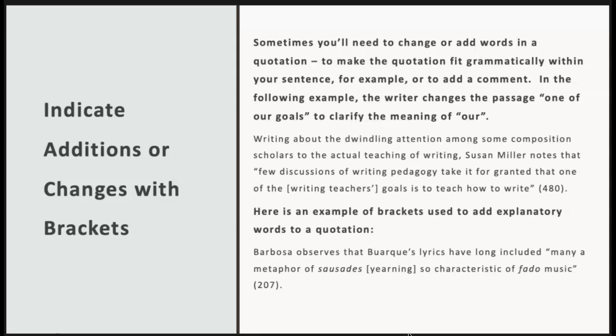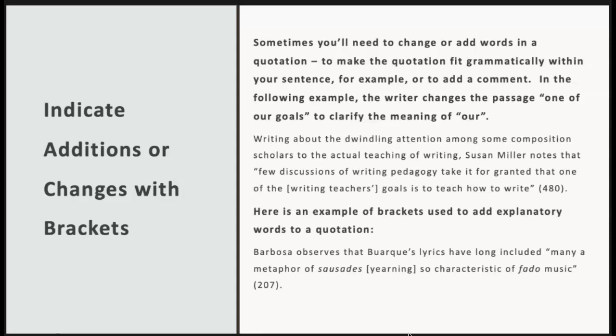Writing about the dwindling attention among some composition scholars to the actual teaching of writing, Susan Miller notes that, quote, "few discussions of writing pedagogy take it for granted that one of [writing teachers'] goals is to teach how to write." Close the quotation, parenthetical citation with the page 480.